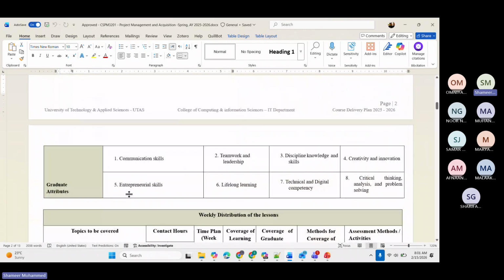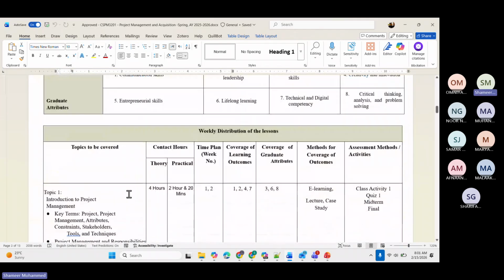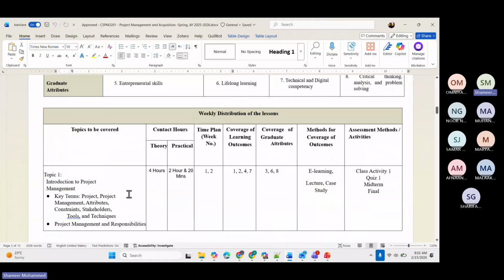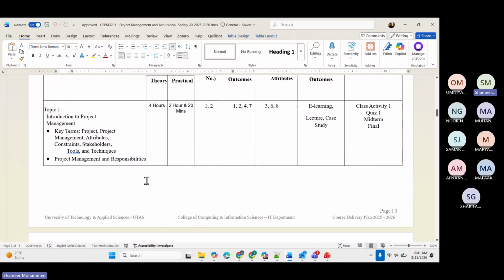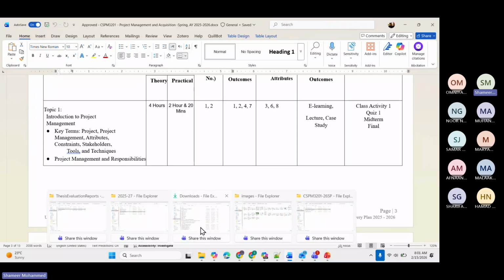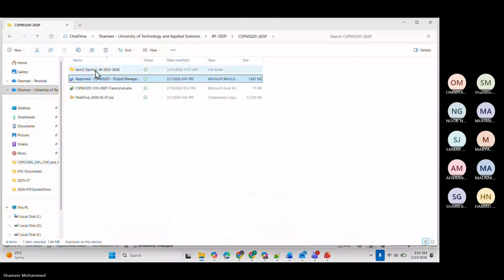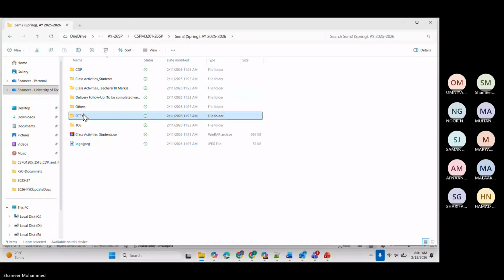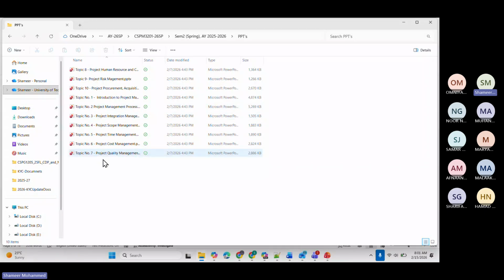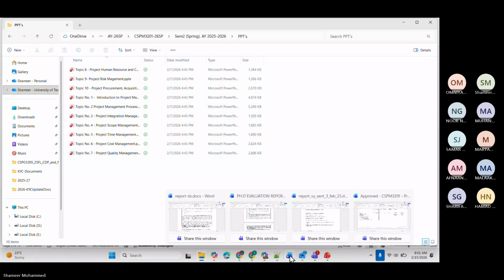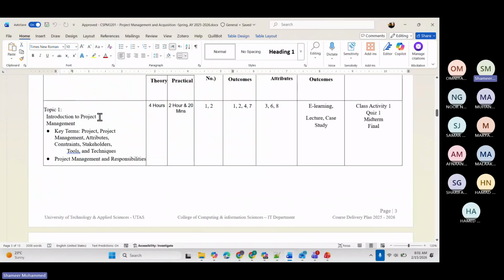So let me go to the lectures we cover. There are most probably 10 lectures, I guess. So we can see here the PPTs. Yes, you have 10 lectures. The first lecture, introduction to project management, we will discuss today, right?